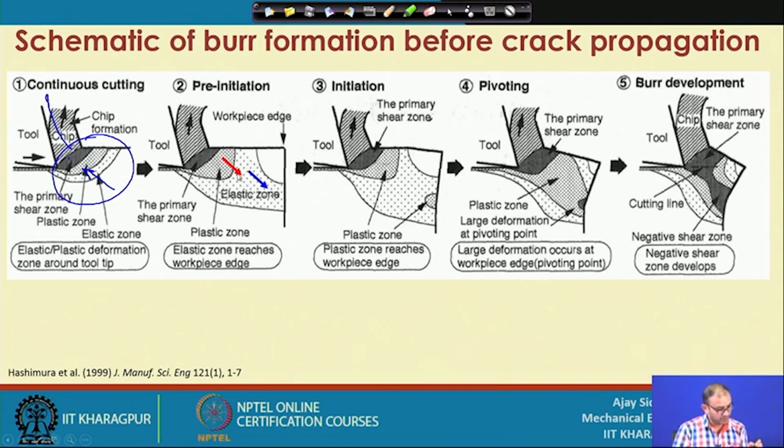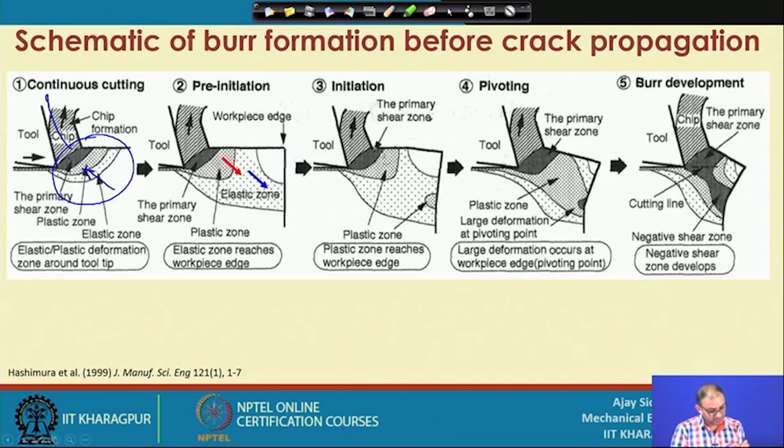Your plastic zone will expand in this direction, the elastic zone expands further, and the elastic zone reaches the workpiece. Because you are continuously pushing your tool in this direction, you are expanding the elastic-plastic zone, and since this is the edge of the workpiece, your elastic zone reaches the edge of the workpiece.